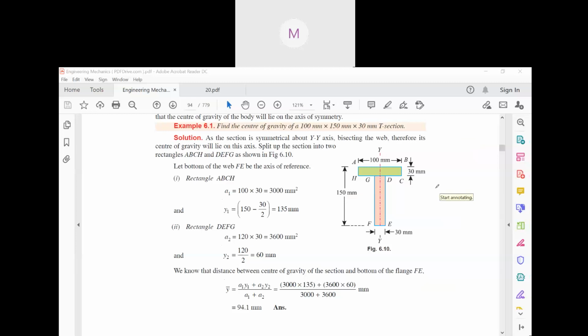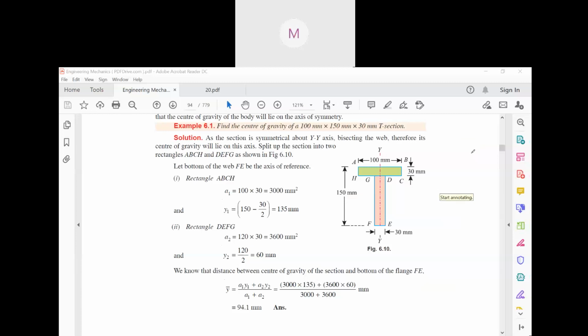Any idea? No idea what is a symmetrical figure? The symmetrical figure means what?